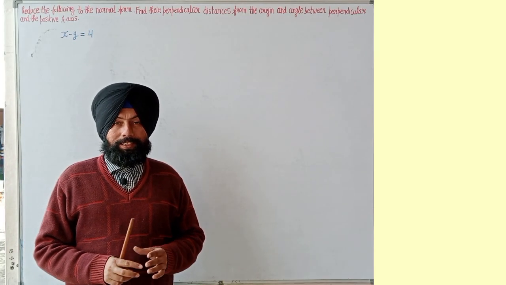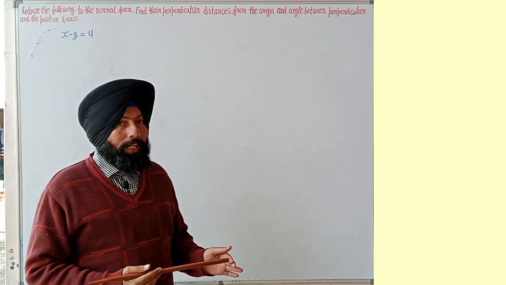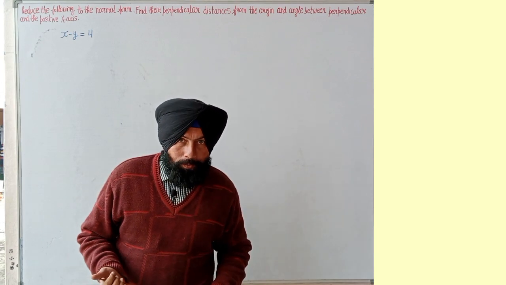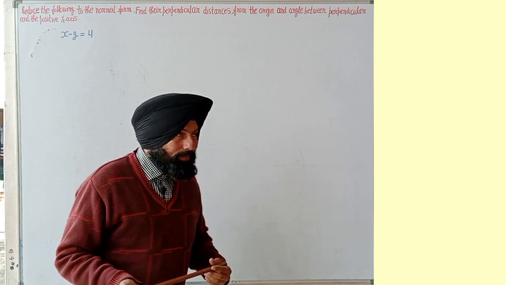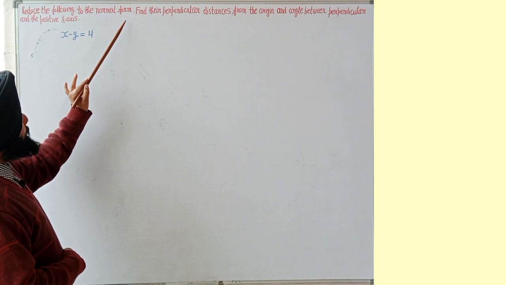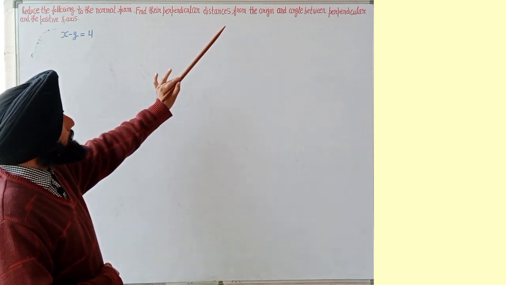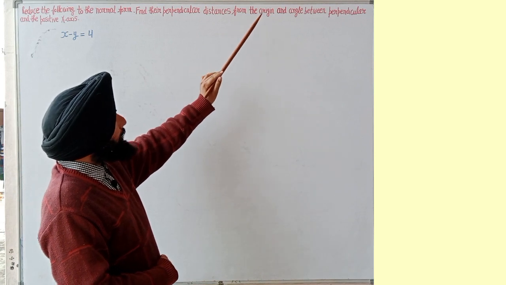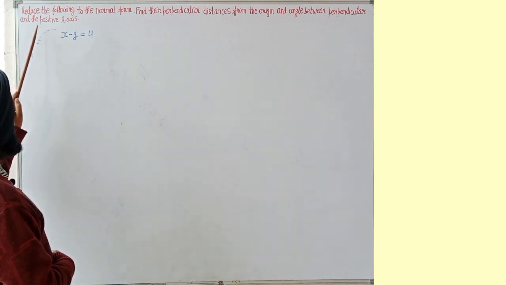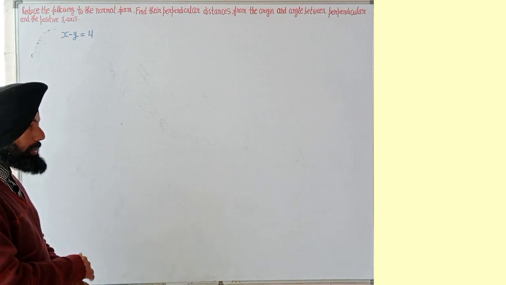Hello students, now we are doing the sum related to normal form of straight lines. Reduce the following to normal form, find their perpendicular distances from the origin and the angle between the perpendicular and the positive x-axis.